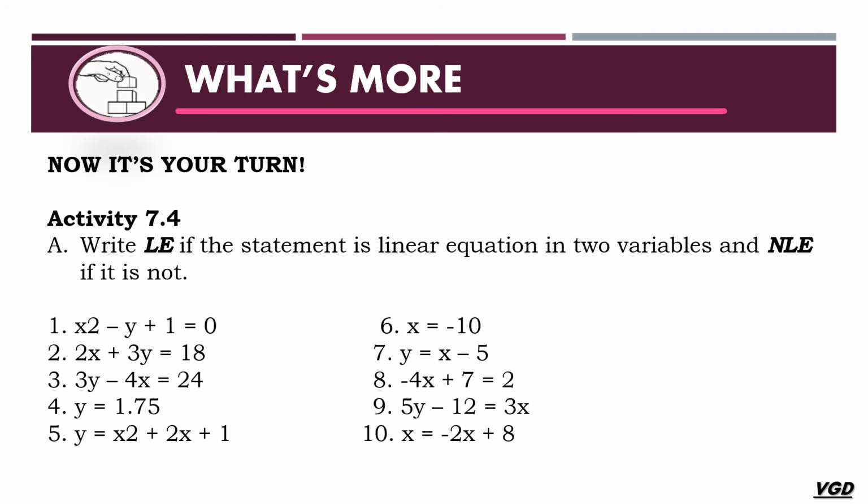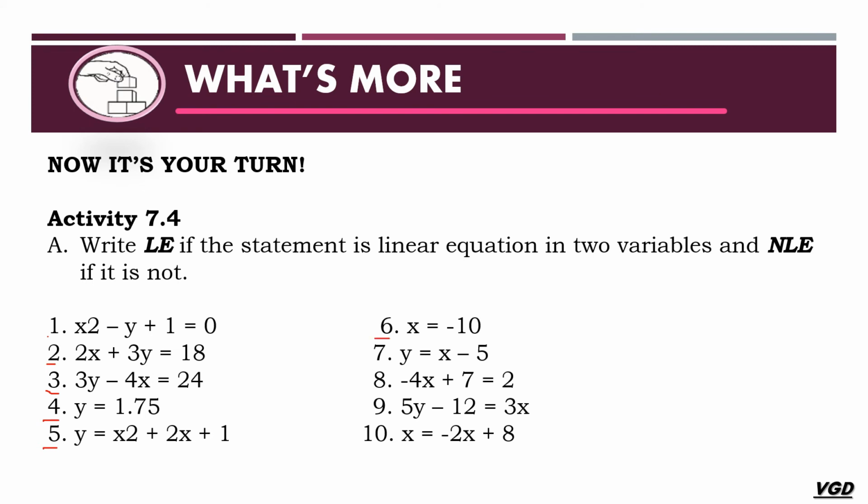Number 1. X squared minus y plus 1 is equal to 0. Number 2, 2x plus 3y is equal to 18. Number 3, 3y minus 4x is equal to 24. Number 4, y is equal to 1.75. Number 5, y is equal to x squared plus 2x plus 1.